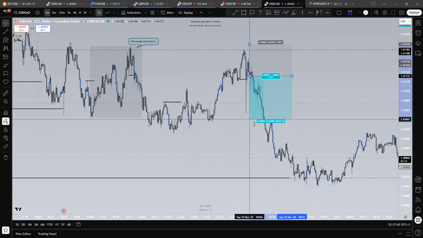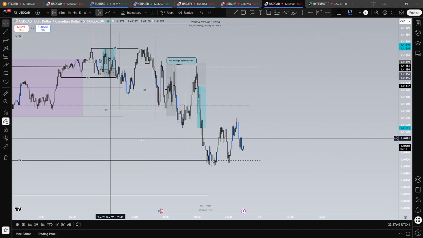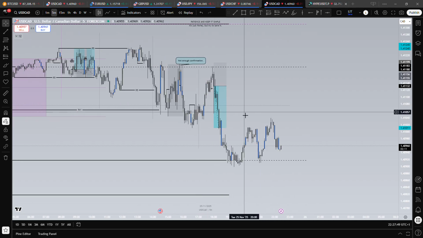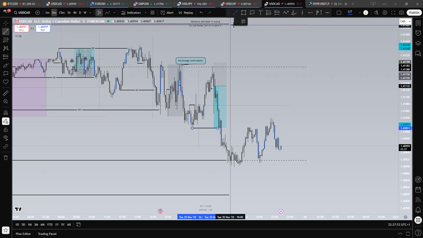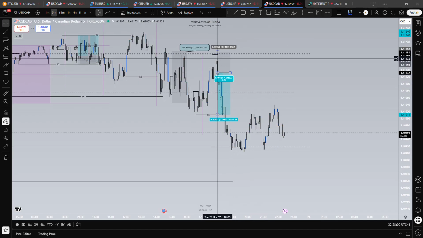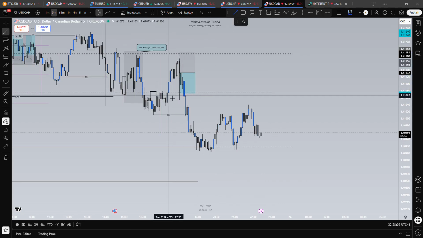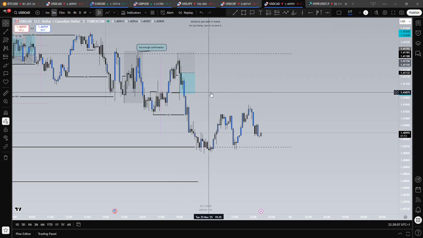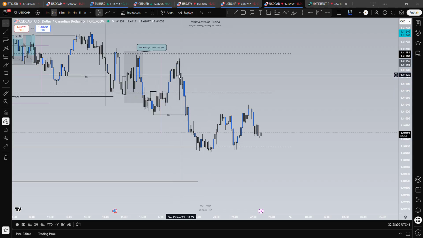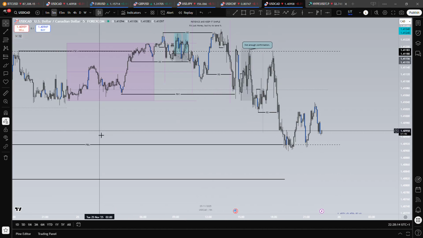In this case, I would have entered here, and the target would have been probably here, but it's not enough. Yeah, this is the round liquidity 5. So yeah, if I adjust the stop loss, yeah, but not sure about it. It's out of timing anyways, so yeah, no trade for me.